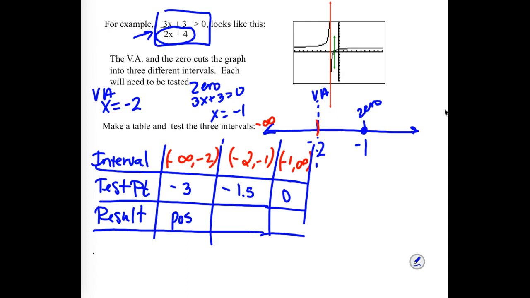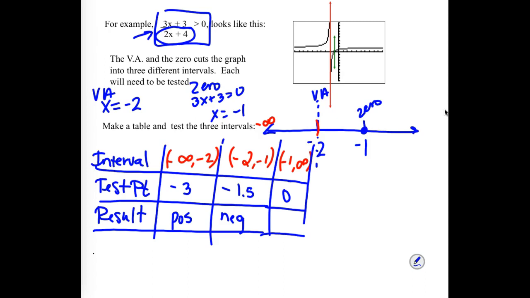We're adding 3. Is that going to be positive or negative? It's going to be negative. So our top is negative. Okay, on the bottom, what is 2 times negative 1.5? Negative 3 plus the 4 would give us a positive. So we had a negative on top, positive on the bottom. Negative divided by positive is negative.